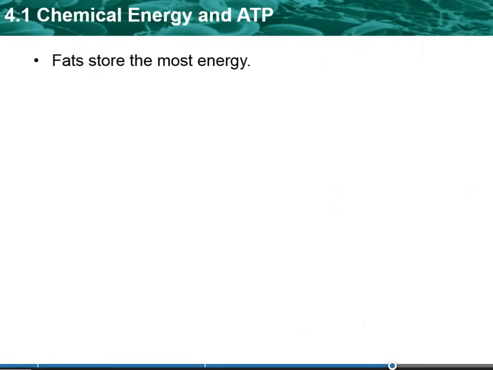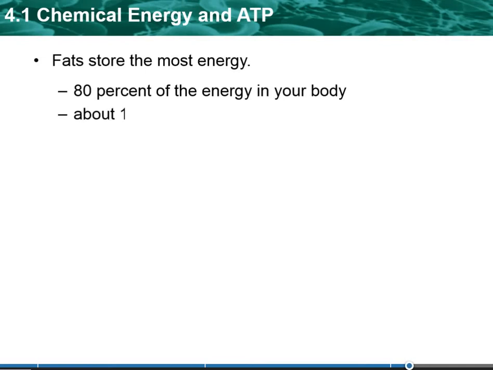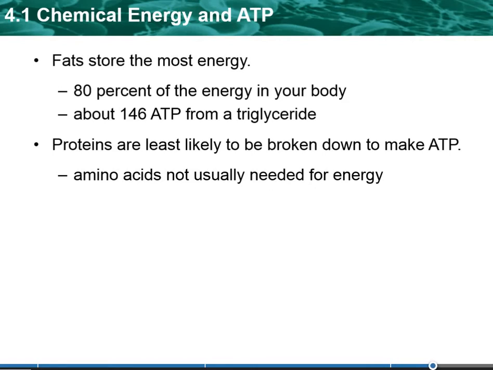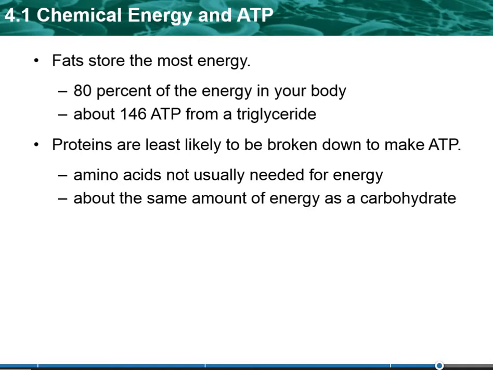So fats, like we talked about earlier this year, are going to store most of the excess energy. 80% of the energy in your body is found in the fat in your body. So about 146 ATP are made from a triglyceride, so one molecule of fat. Proteins are less likely to be broken down to make ATP because amino acids are not usually needed for energy.